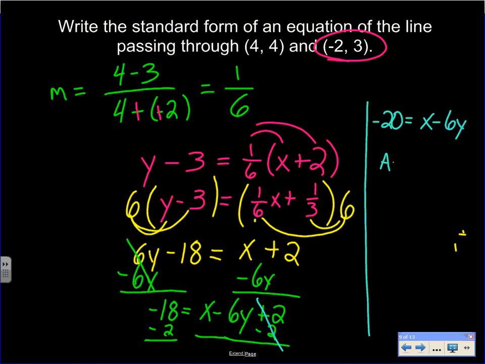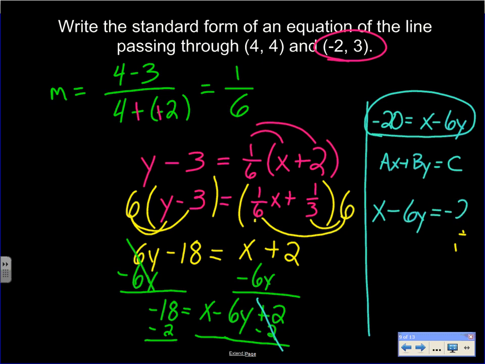This doesn't look like ax plus by is equal to c, because ax and by are on the left side, but in our situation, ax and by are on the right side. Well, that's an easy fix. If negative 20 is equal to x minus 6y, x minus 6y must be equal to negative 20. And there you have standard form.